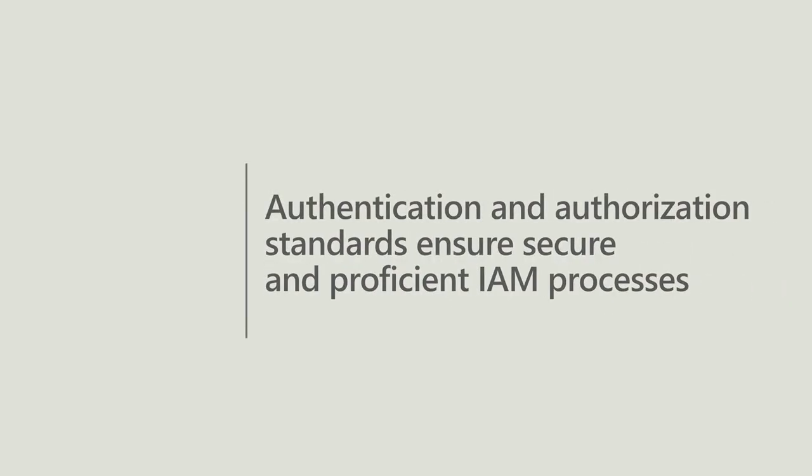Within IAM, authentication and authorization standards ensure secure and proficient processes for identifying and granting access to resources. Widely used standards include OAuth 2.0, which allows applications to access resources on behalf of a user using tokens. OpenID Connect, or OIDC, is an authentication layer on top of OAuth 2.0. JSON Web Tokens, or JWTs, securely transmit information as a JSON object.